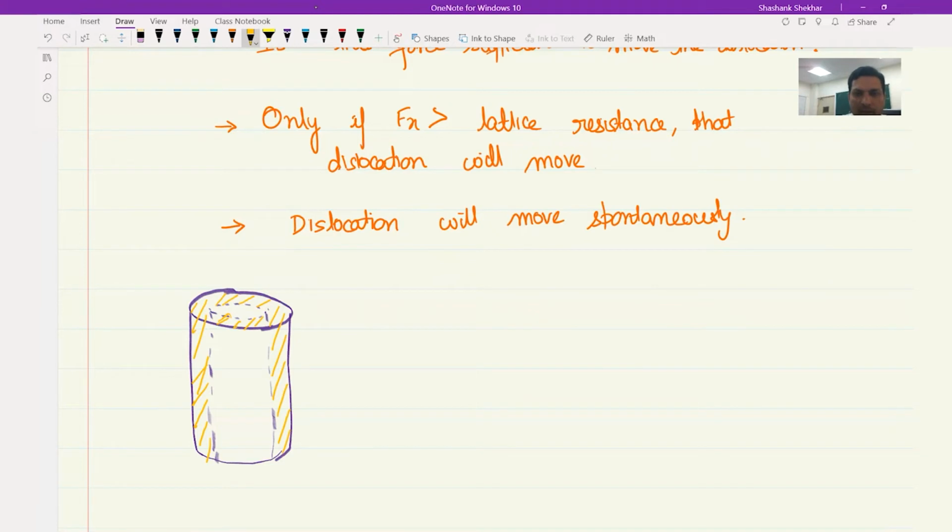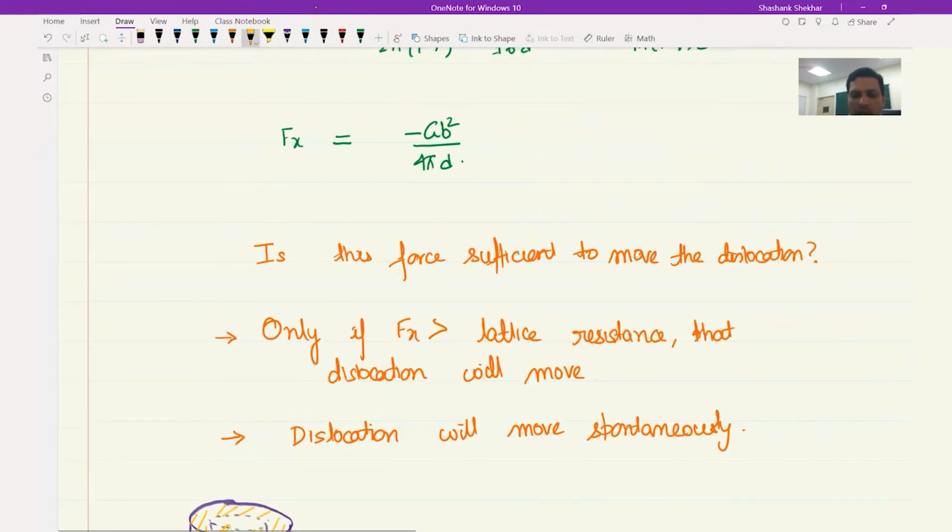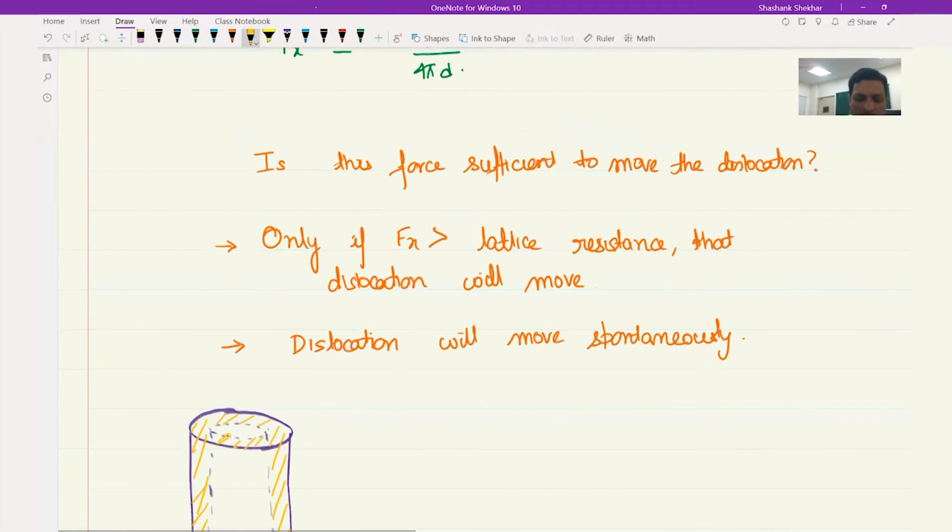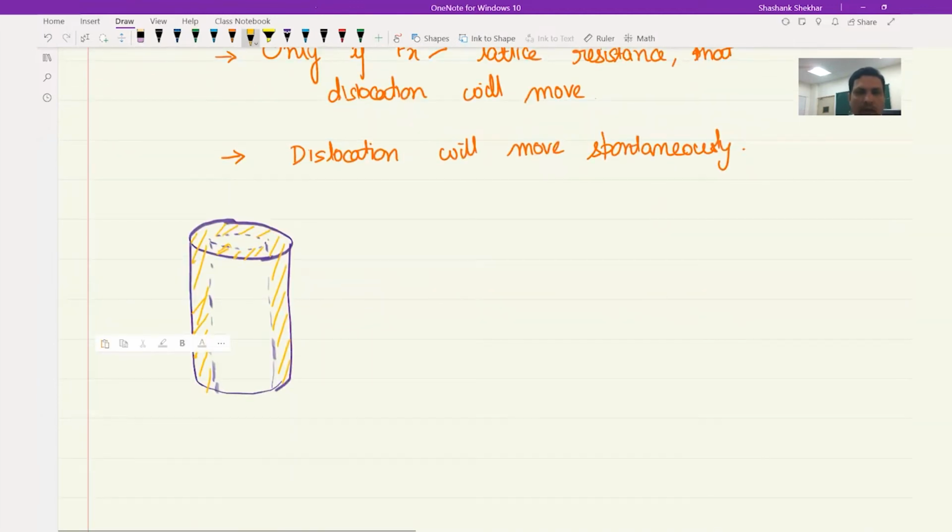But inside this, there is still force on it. And this is where I said that we can explain why the bulk of the dislocations does not move, only those at the surface. Here also the force will be acting, but if you look at this equation, it is inversely proportional to D, meaning the force acting on the dislocations in this region is smaller. So they are smaller than that critical value or that lattice resistance value, and hence the dislocation is not able to move.